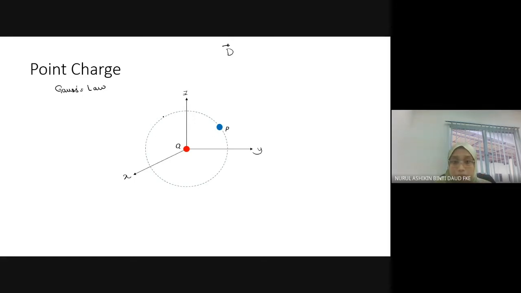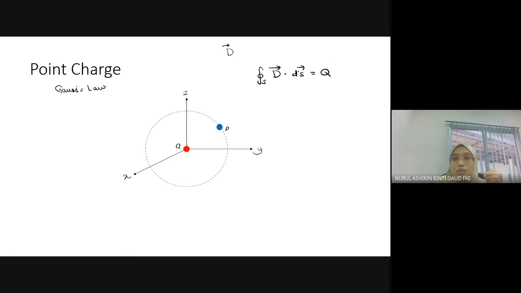Now I make a spherical Gaussian profile that passes through point P, and it is a closed shape. The formula is the closed integral of D dot dS, which is equal to Q, the charge.